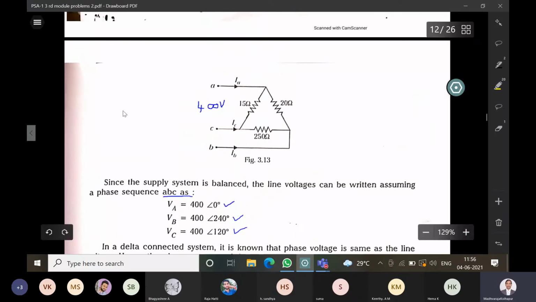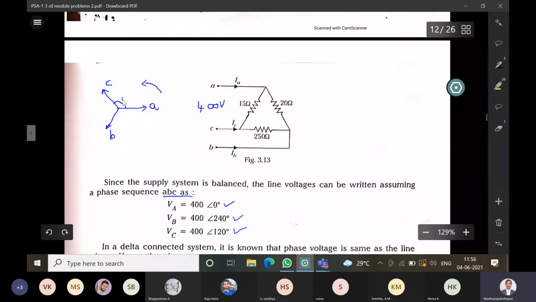VA, VB, VC. Sequence ABC, so minus 120 or 240.